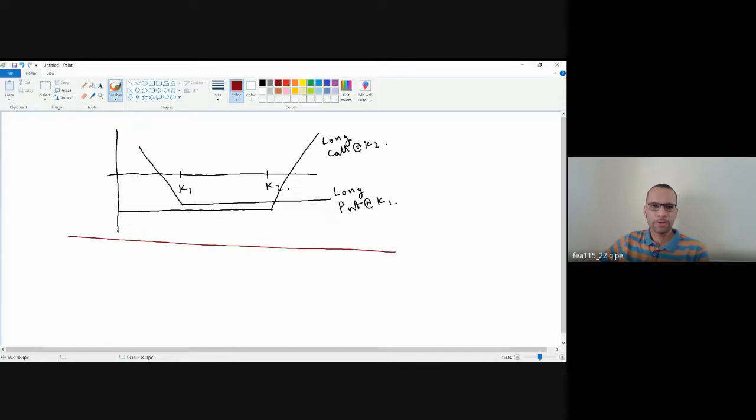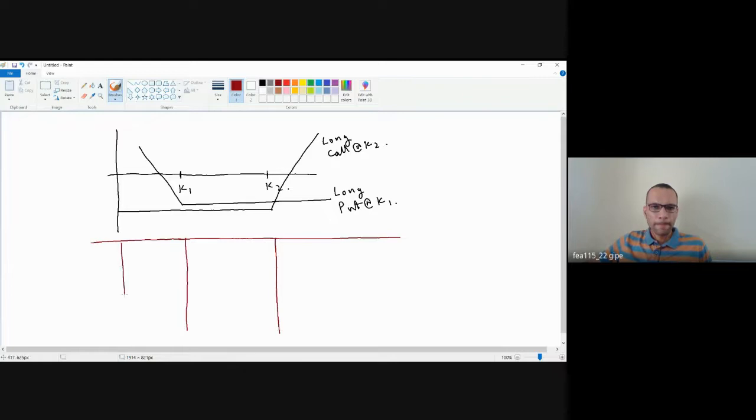Let's draw the payoff equations. Long call at K2. I'll just write the three regions here: ST less than K1, ST in between, and greater.